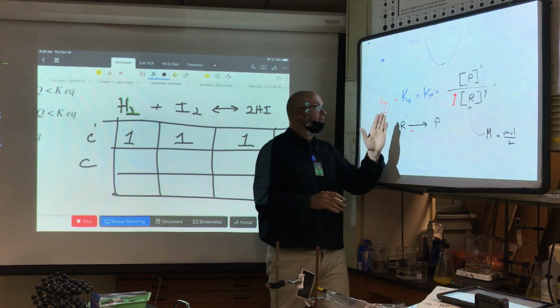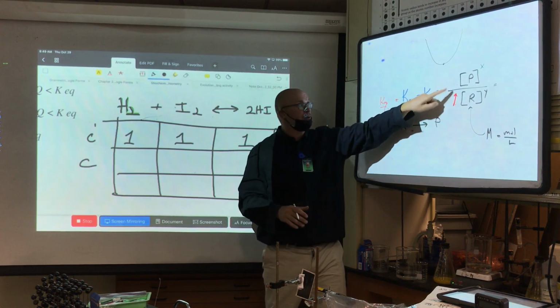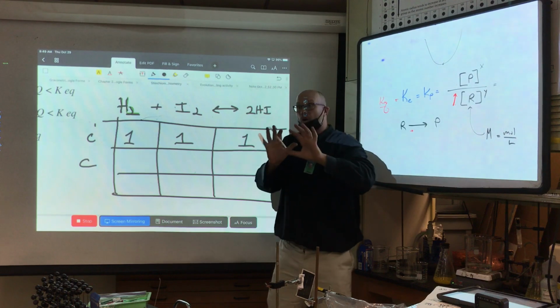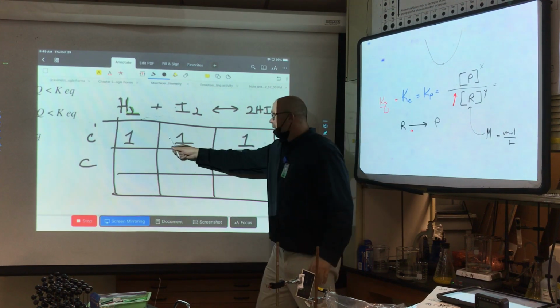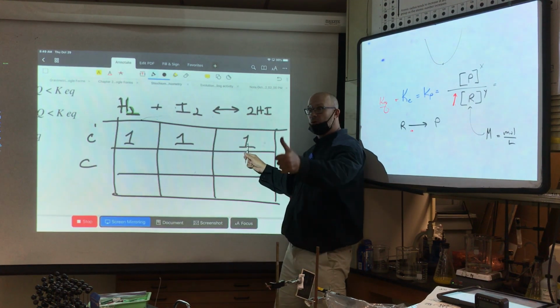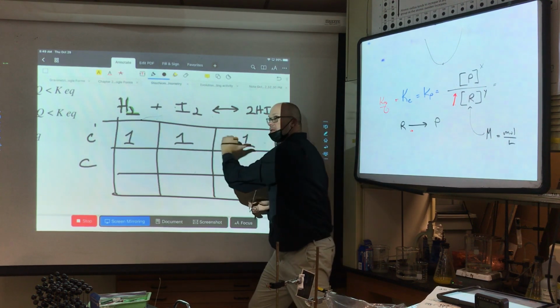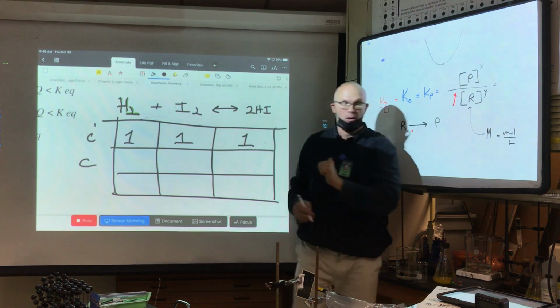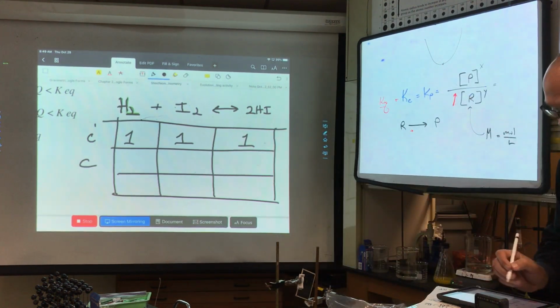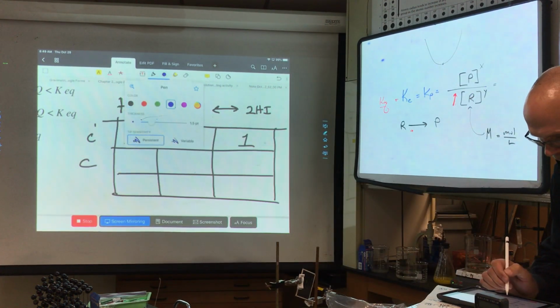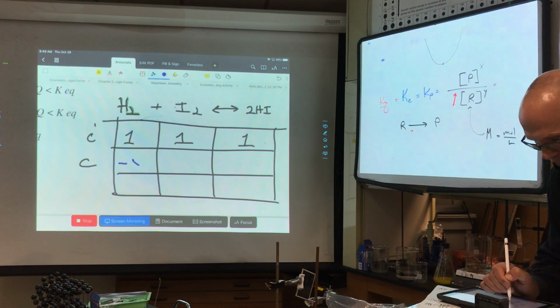The equilibrium constant was 50. 50 is greater than 1, which means there's a little more products. Right now, this would be a Q equal to 1. So we got to show more movement this way. So this is going to go this way, which means this is going to be minus something. I'm not writing X there.